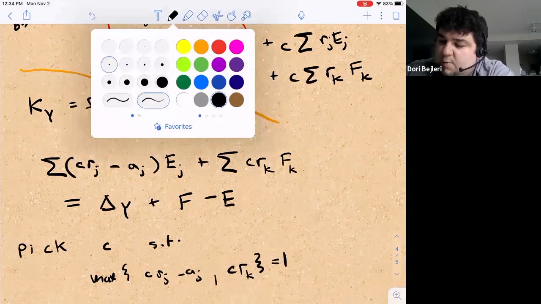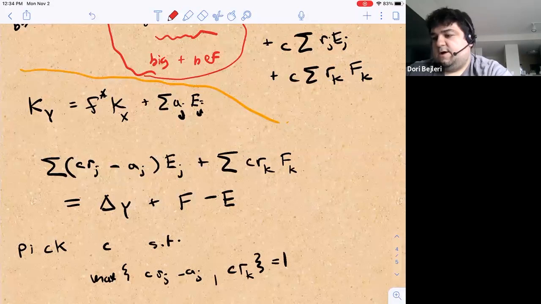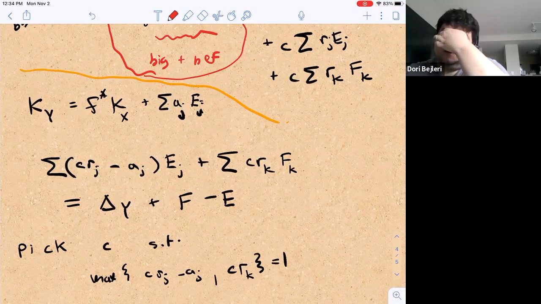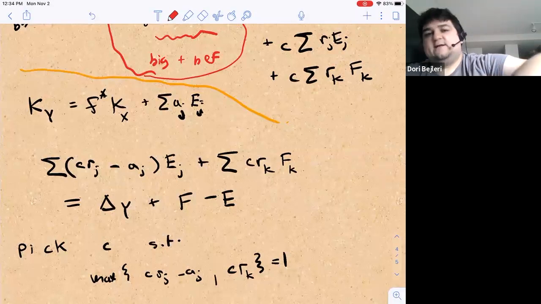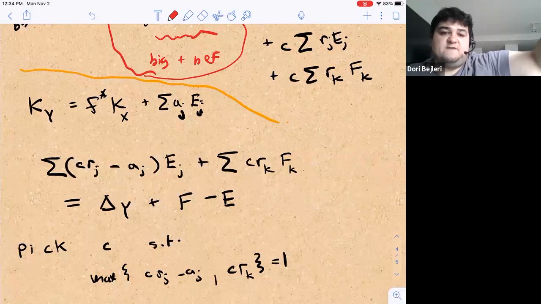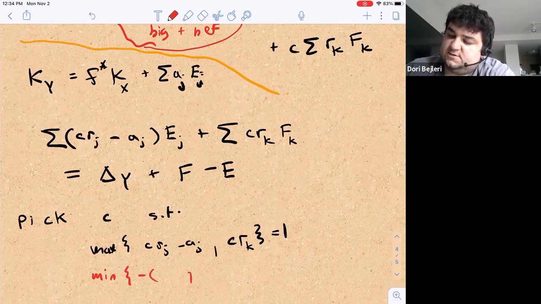Or how we'll actually see it, just because when we actually run the argument, I find it easier to think about it this way, but when we actually run the argument, there's a negative sign everywhere. And that's essentially because when we run the argument, this delta will be absorbed into the boundary. And so what's left over are the discrepancies, but the discrepancies have minus the coefficient of the boundary. And so another way to say this is that we're looking for the minimum, and this is how it'll actually appear, of the negatives to be minus 1.